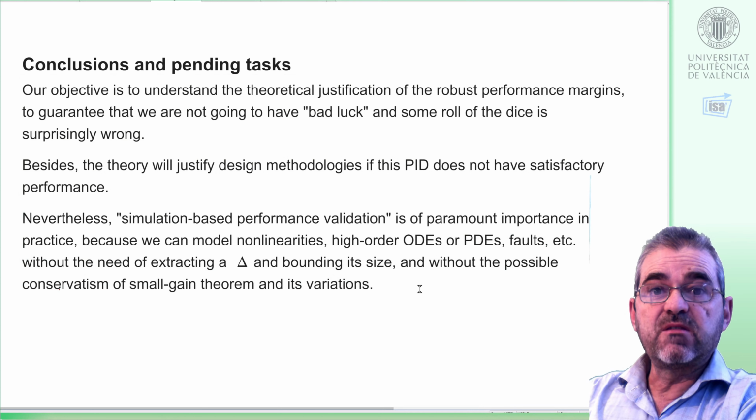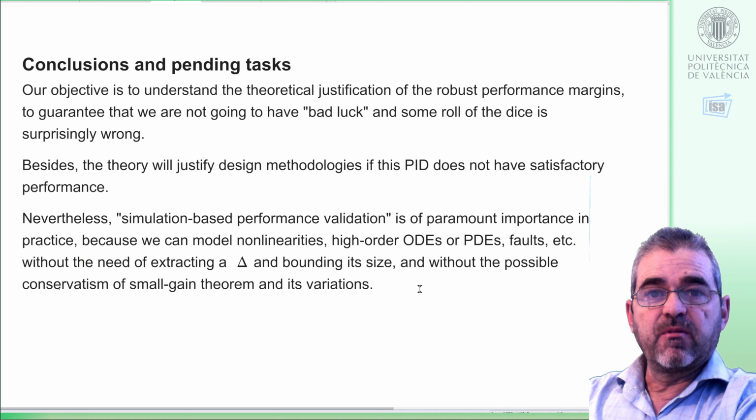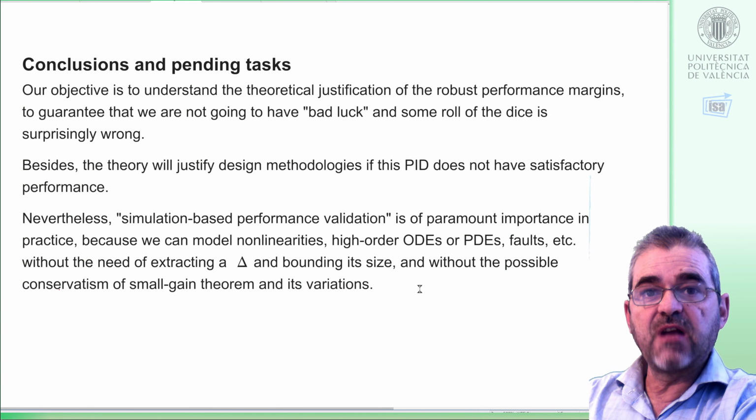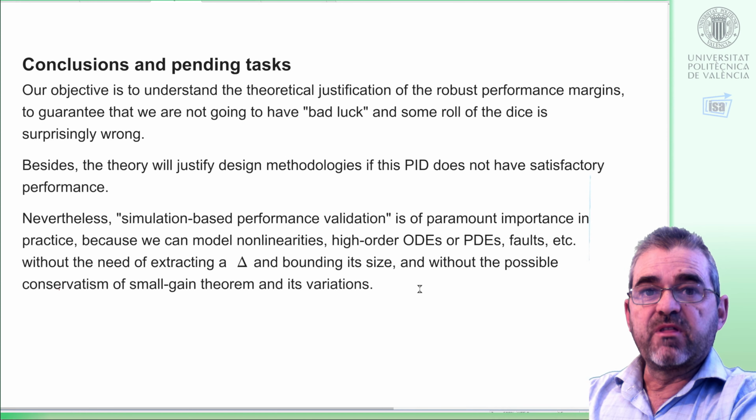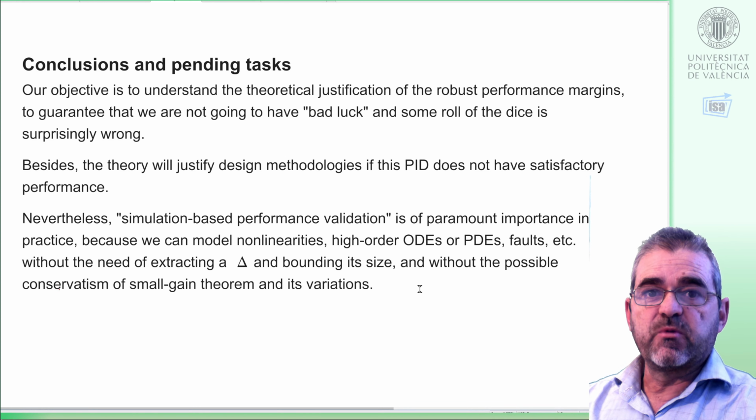So at the end, we need theory to exclude the possibility of seeing nice simulations because of good luck. And on the other hand, we need simulation-based validation in actual applications in which we have a model with high accuracy, so we can assess whether simplifying such a high complexity to 5 over (s+1) squared was actually wise or not. So this is it.